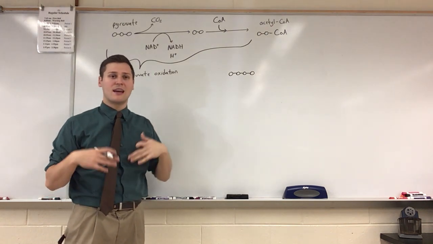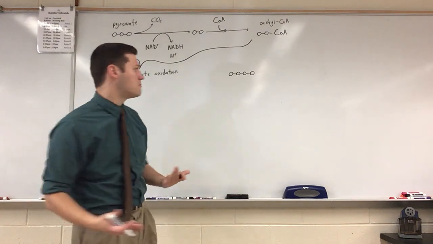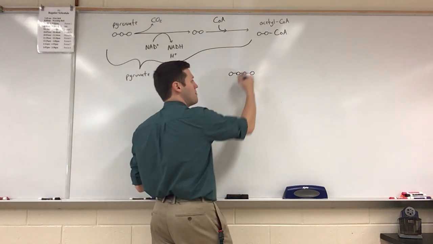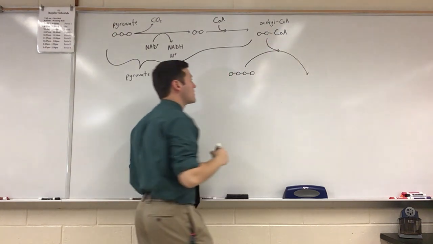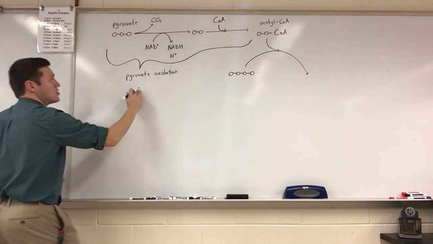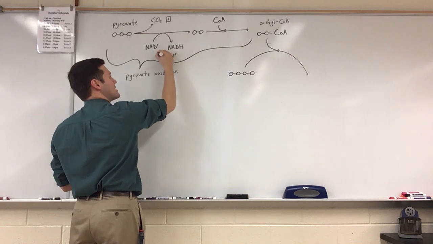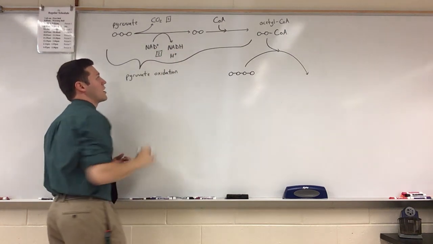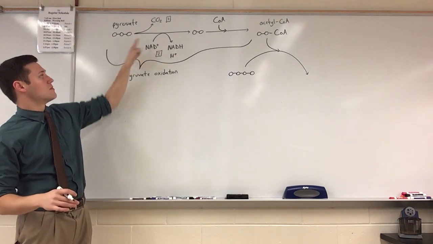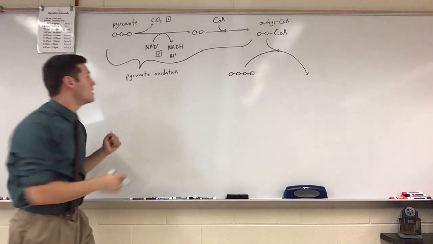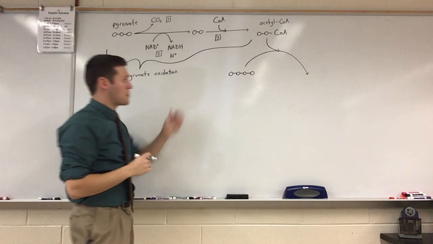There's only one molecule within the Krebs cycle that I will require that you know the name of. But we start off with this 4-carbon molecule. We then pull in acetyl-CoA. And by the way, for pyruvate oxidation, we'll call this step 1, where carbon dioxide leaves. We'll call this step 2, where we remove electrons, we oxidize pyruvate, and we reduce NAD+ to make NADH. And then we'll call this step 3, where CoA gets attached, forming acetyl-CoA.